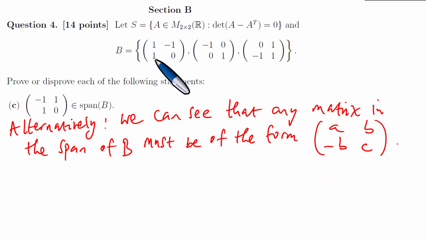You can see that any matrix in the span is such that this number is different from this number. Because here there's 1, minus 1, here there is minus 1, 0, and then here there is 0, 1.